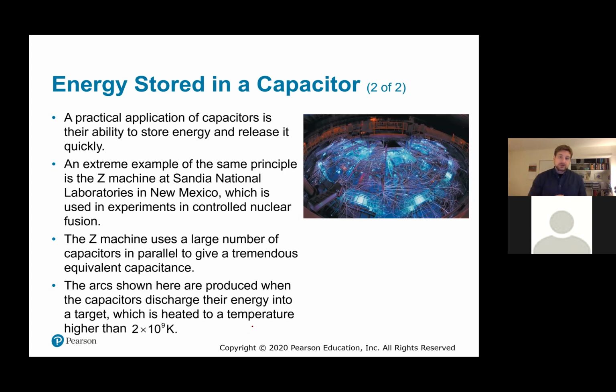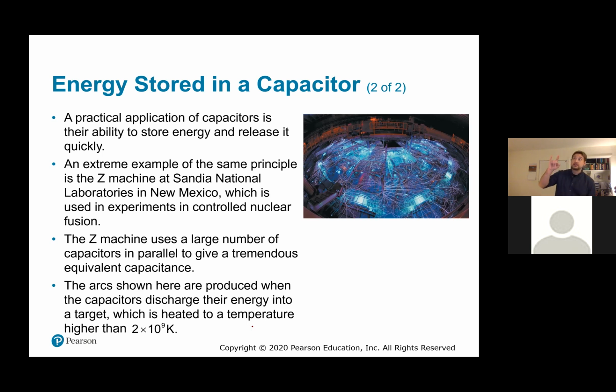A large number of capacitors in parallel, which means a huge equivalent capacitance because we keep adding the capacitances of them to talk about the equivalent. The arcs that are shown are produced when these capacitors are discharged at their target, when we can heat it to 2 times 10 to the 9th.